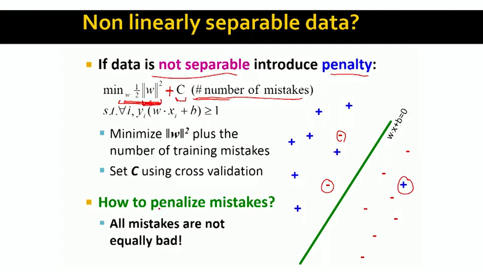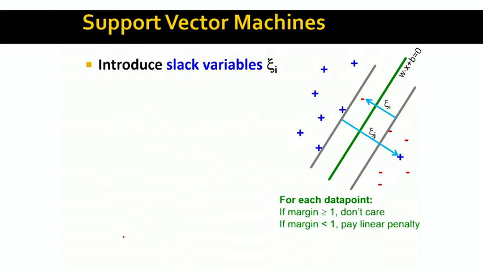And now, of course, the question is, how do we penalize mistakes? Because not all mistakes are of the same severity. And the idea is that not all mistakes are equally bad, which means we will be using margin in order to penalize them. So how do we use margin to penalize mistakes?